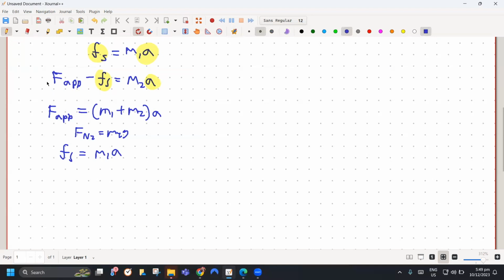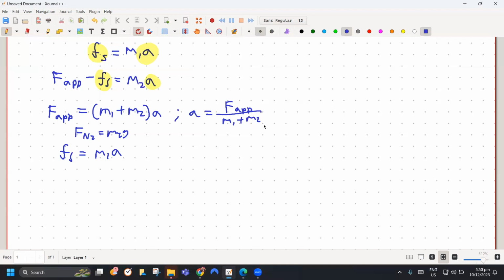When you add the equations, the Fs is eliminated. So now we find A equal to F applied over M1 plus M2.